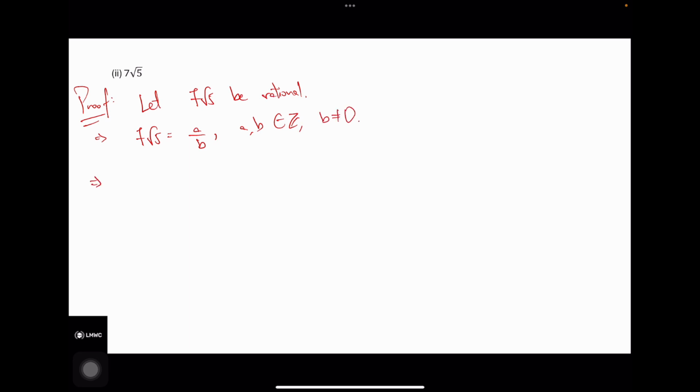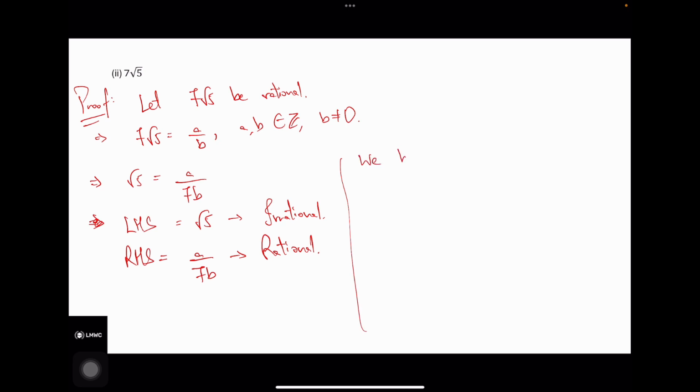I just need to take the 7 to the other side, so this will become a by 7b, because 7 and root of 5 are in product form, so this will go down in the denominator. So here we have LHS, root of 5, which is irrational, and RHS, a by 7b, which is rational.